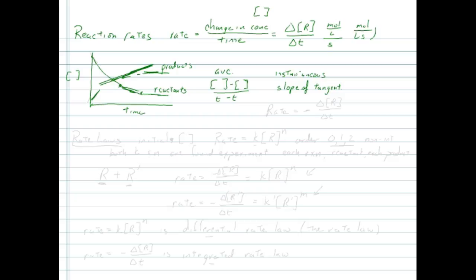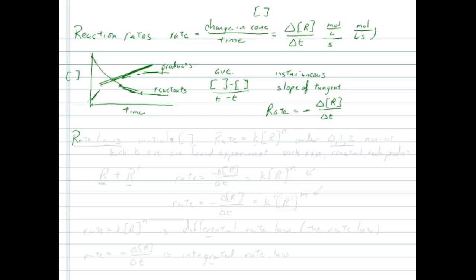Usually by convention, for the reactant to have a positive number, since it's a negative slope here, the rate is defined as the negative change in concentration of the reactants divided by a change in time. The negative puts it in a positive number. We could have kept it as a negative, but by convention they wanted to work with positive numbers.